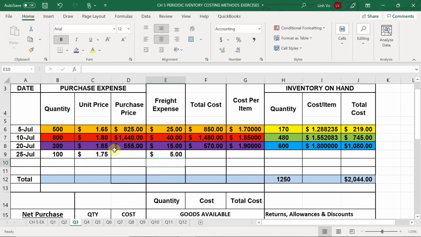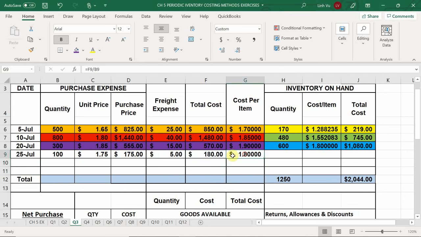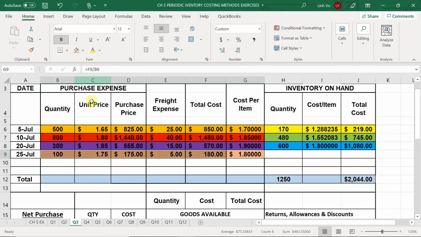So therefore, what is my total purchase price here? 175. 175 plus freight, 180. 180, bringing my cost per item to be $1.80. Okay. And of course, I'm running out of colors, but I'm going to go ahead and make this a nice pink salmon color.